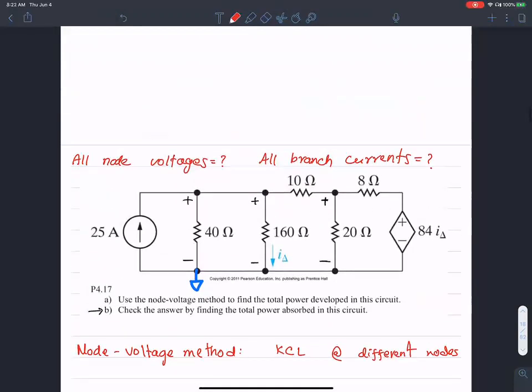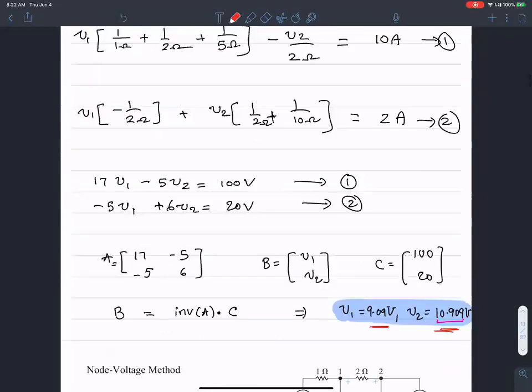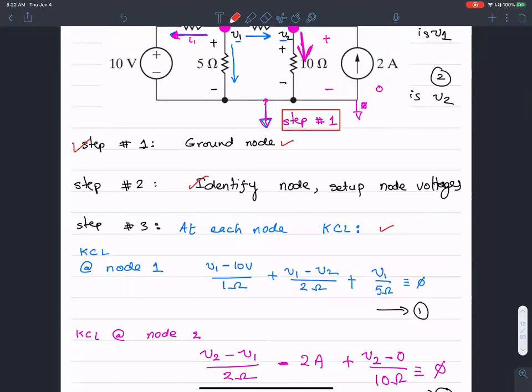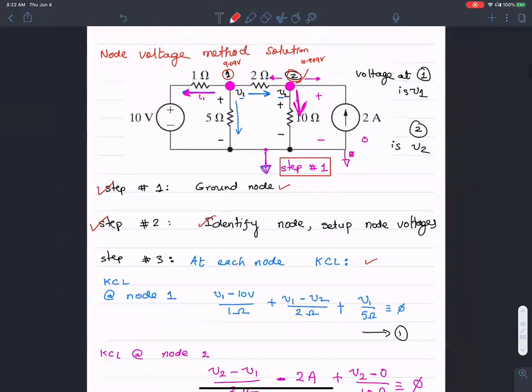Okay, so if I can go back, I listed the steps that I want to do here. The first step is to identify the ground node. Then the next step is to identify different nodes. Remember, I have done node 1, I named a node 2, so on and so forth.